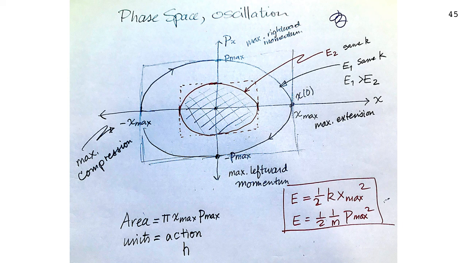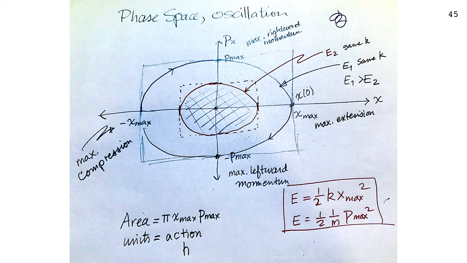We don't usually work with momentum like this, but we certainly could. There are two different max momenta, and you can describe each one as having an energy. Each one has a maximum momentum and a maximum extension. This is for the same value of K.